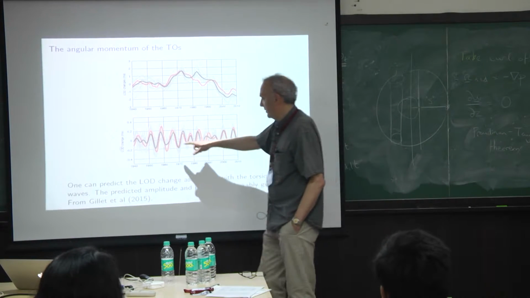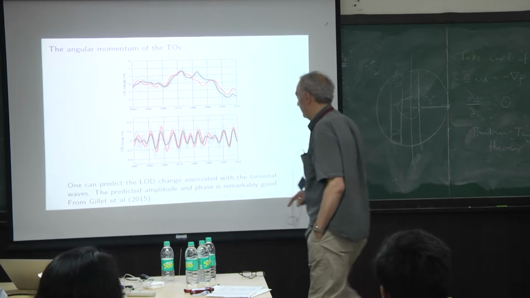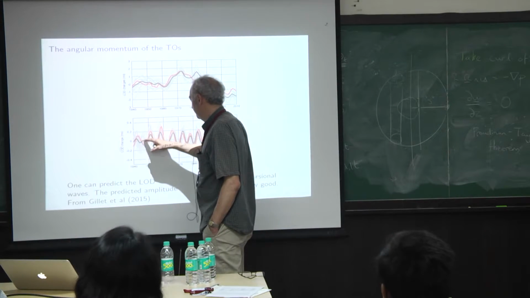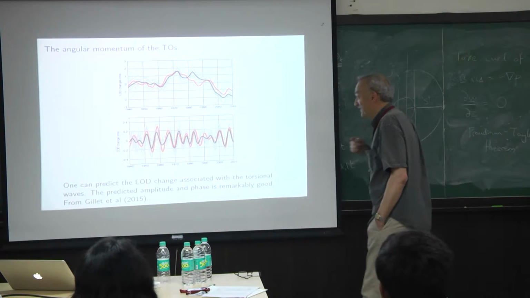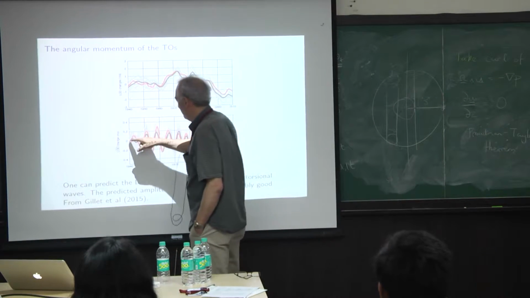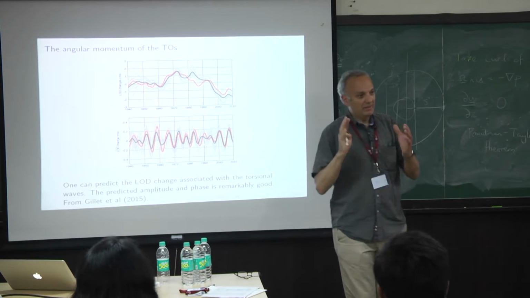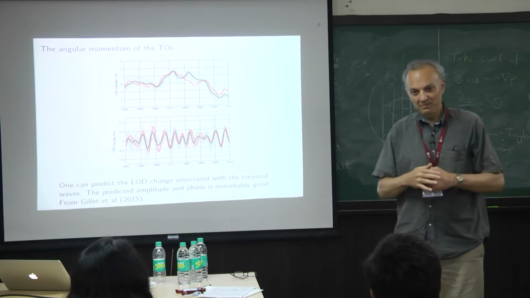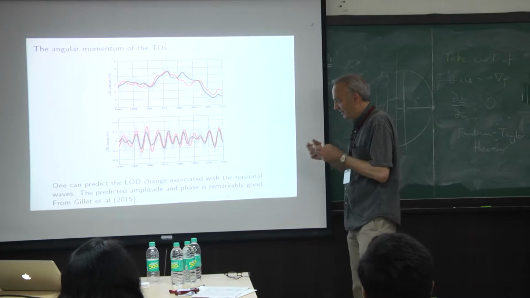So the angular momentum of the core is the, I'm certain that it's the black line. I'm not certain, actually. Doesn't actually matter. One of them is the angular momentum of the core, and the red line is the angular momentum of the solid Earth. So the fluctuating angular momentum of the solid Earth.